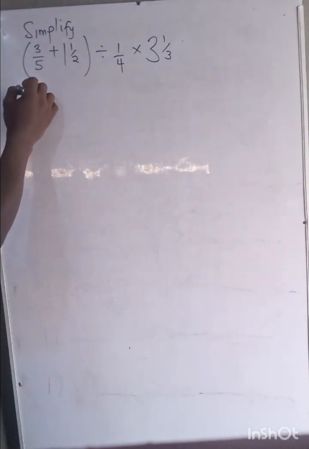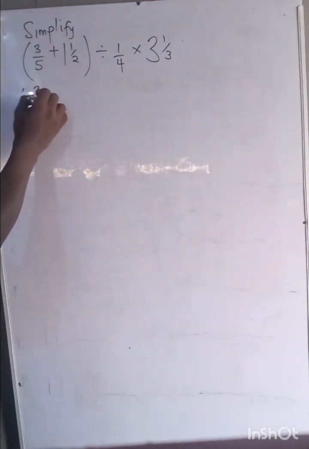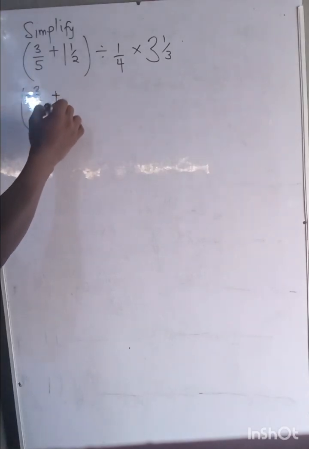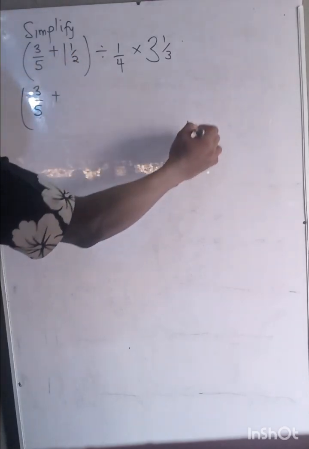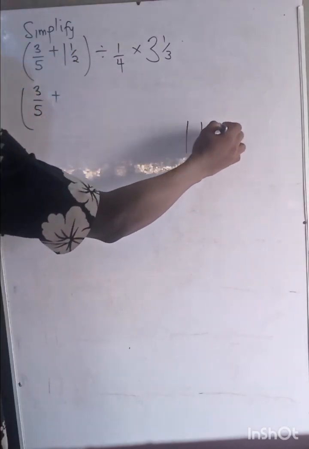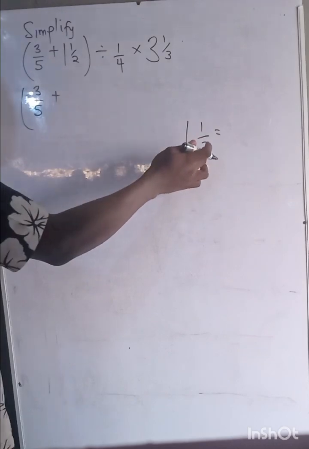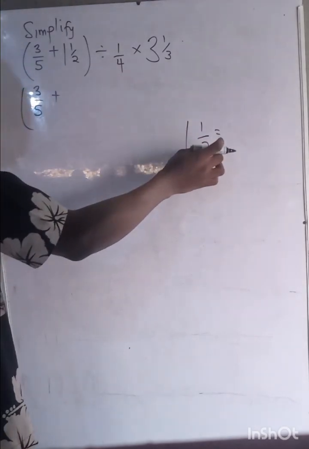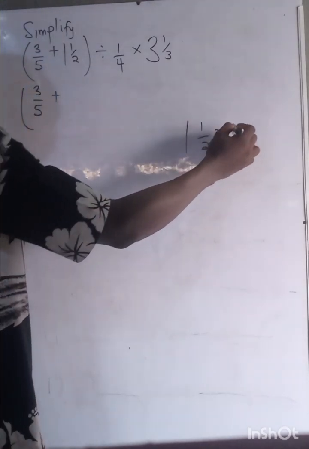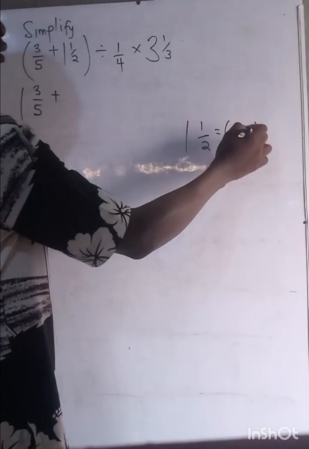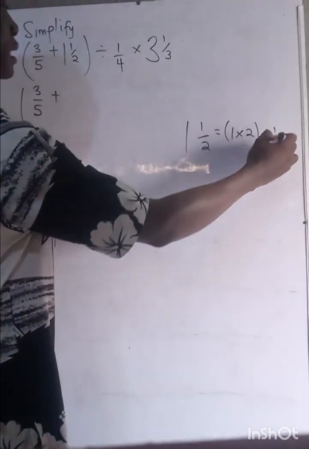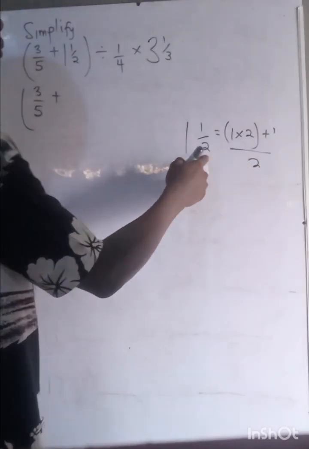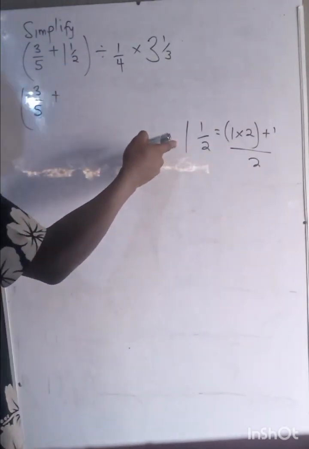Since we are dealing with the term in the bracket first, we want to write the mixed fraction as an improper fraction. To do that, we multiply the denominator of the fractional part, which is 2, by the whole number, which is 1, add the result to the numerator, and divide the whole thing by the denominator.